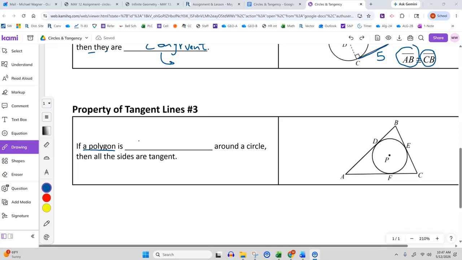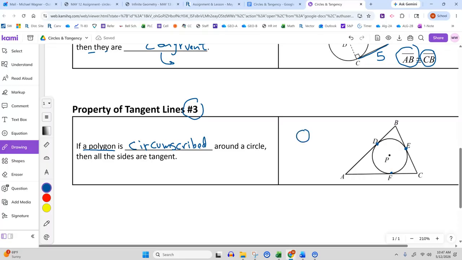Okay, and finally property number 3 is if a polygon, like a triangle, is circumscribed. That means it touches the circle at every side of the polygon. It's got 3 sides, so it touches the circle at 3 points.